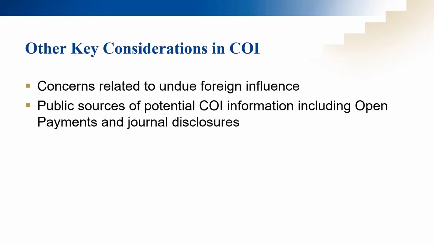An institution that fails to think about or look into how the industry, drug and device industry, and journals are also reporting information about payments made to researchers and relationships with researchers, ignore those sources at their own peril.